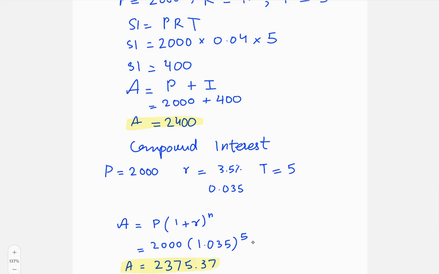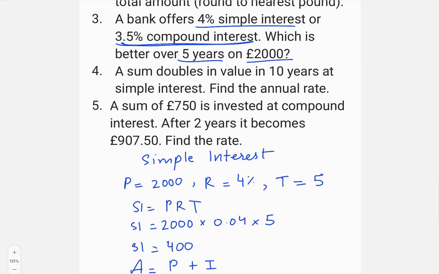If you had used the same interest, then of course the compound interest would have been bigger. So for this one, the correct answer is the simple interest. The simple interest is better. It's giving you a bigger value.